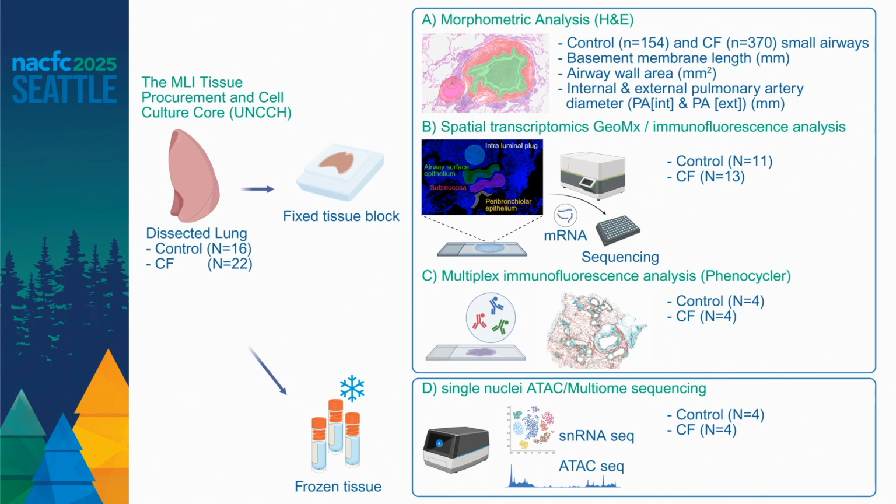To elucidate the cell-to-cell interactions in the CF context, we did multiplex IF imaging analysis on both control and CF tissues. Finally, to check the epigenetic changes occurring in the epithelial cell layers, we did single-nuclei RNA and ATAC multiome sequencing on those samples.